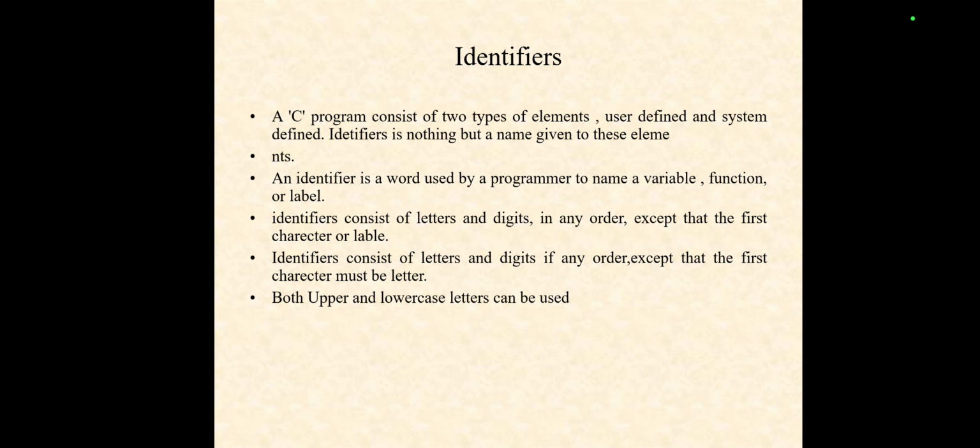Identifiers consist of letters and digits in any order, except that the first character must be a letter. Both upper and lowercase letters can be used. So the identifier should start with an alphabet. An identifier is a combination of letters and numbers, but keep in mind that the identifier always starts with an alphabet.